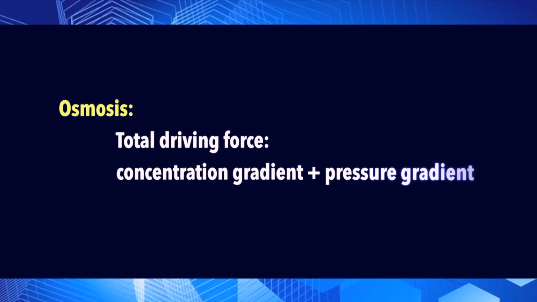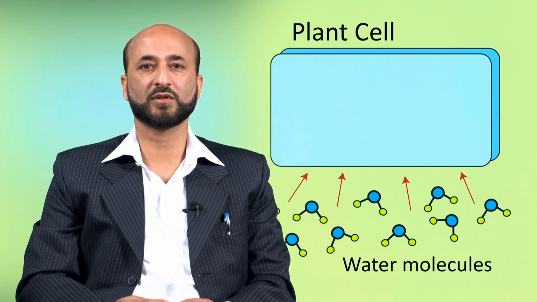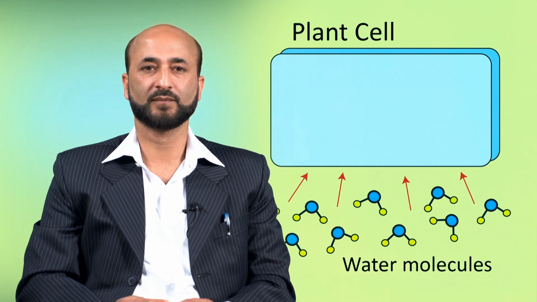In other words, the driving force for osmosis is the sum of the driving force of concentration gradient and pressure gradient. This total driving force represents the free energy gradient of water.